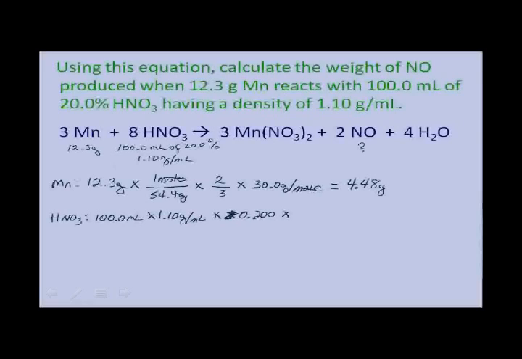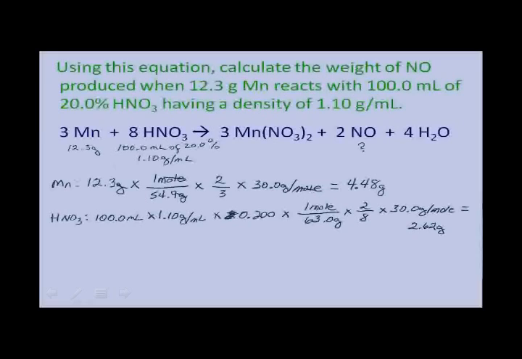That gets me the mass of nitric acid, times 1 mole over 63 grams for HNO3, times the stoichiometric coefficient, which is 2 NOs over 8 HNO3s, times 30 grams per mole. When I work this one out, I find that the nitric acid is sufficient to produce 2.62 grams of nitric oxide.